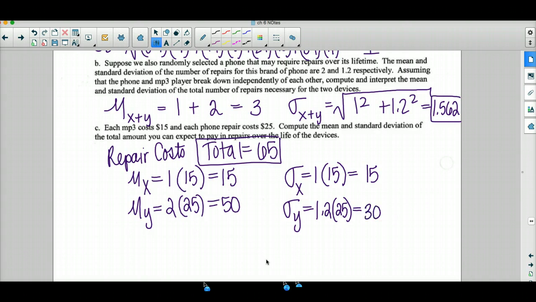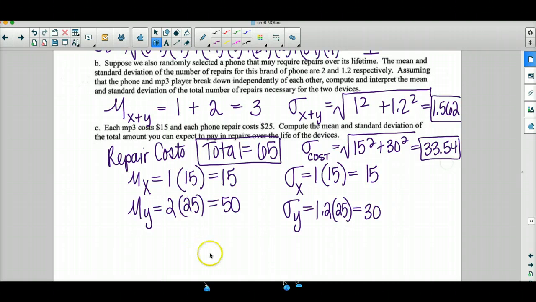Now, to get the total standard deviation, or the standard deviation of the cost, sigma sub cost is the square root of 15 squared plus 30 squared. And that's 33.54. So that's the standard deviation of the costs.